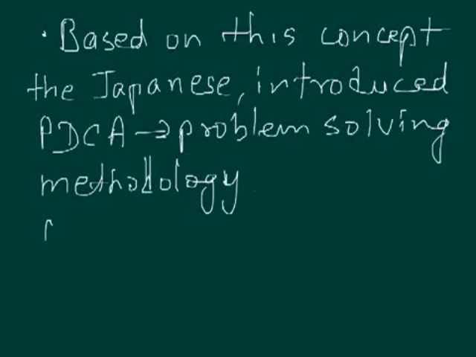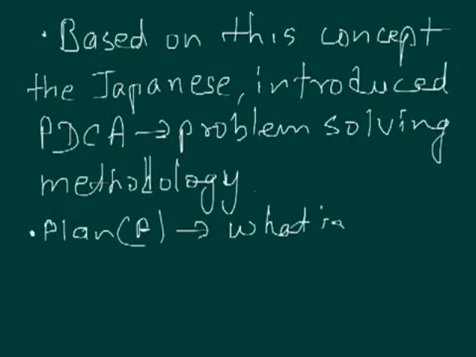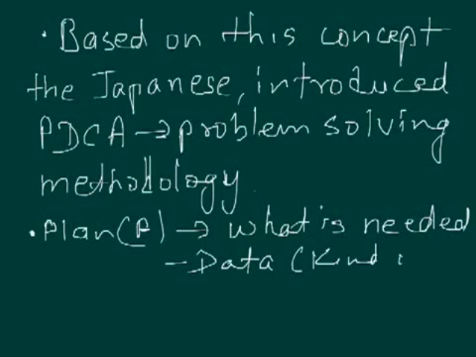Basically, P stands for plan, and in this case you decide what is needed, what kind of data is needed, and based on that, D is basically do.